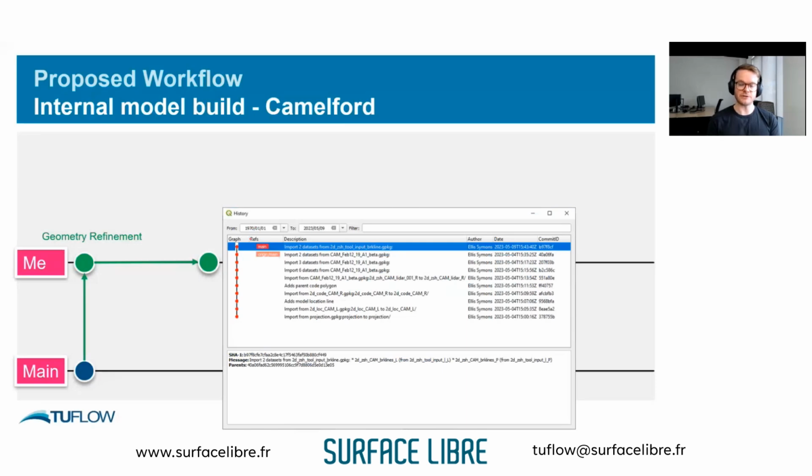If using the KART plugin, I can look at the history of the repo. You can see the latest one at the top. It doesn't say it in this screenshot, but I think it does now. It says this is the head, so it's the latest one. And you can see the commit message is import 2 datasets, which are the 2D Z-shaped layers I imported, the line and the point layers for the break lines.